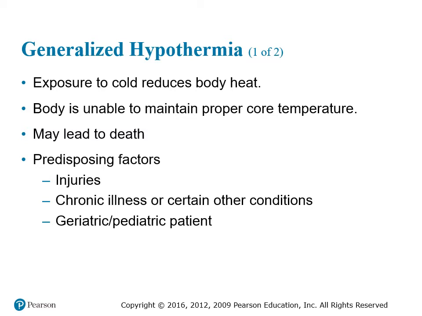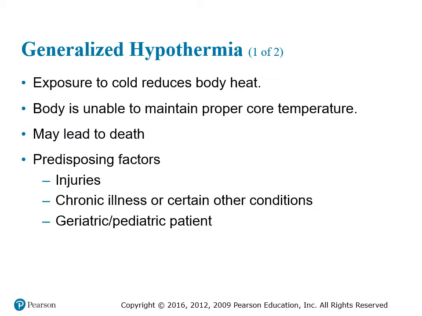Okay, let's talk about hypothermia. Remember our prefixes there. Hypo means below, thermia means heat. Therm means heat, actually. So hypothermia is when somebody's body temperature drops to below normal levels.